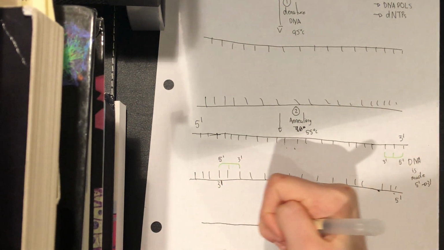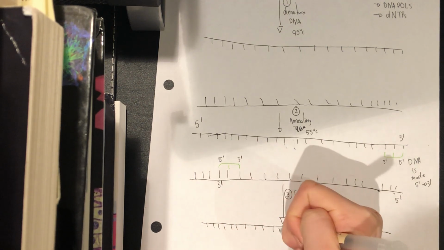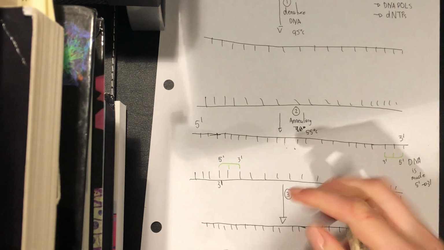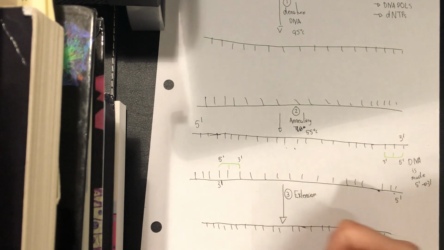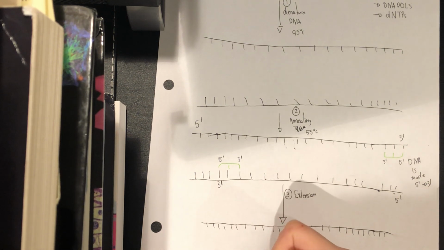So all that extension is, is the process in which your DNA polymerase is now going to be adding your complementary nucleotides to your strand to make brand new DNA molecules.